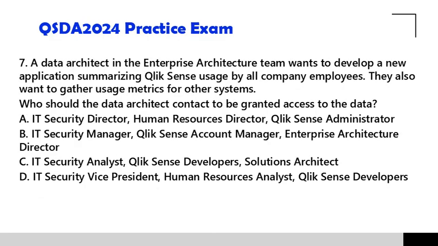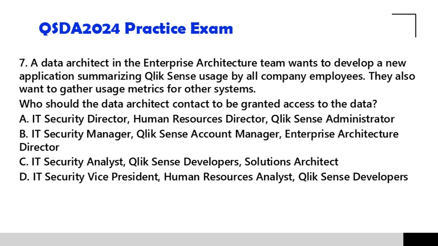7. A data architect in the enterprise architecture team wants to develop a new application summarizing Qlik Sense usage by all company employees. They also want to gather usage metrics for other systems. Who should the data architect contact to be granted access to the data? A. Its Security Director, Human Resources Director, Qlik Sense Administrator.